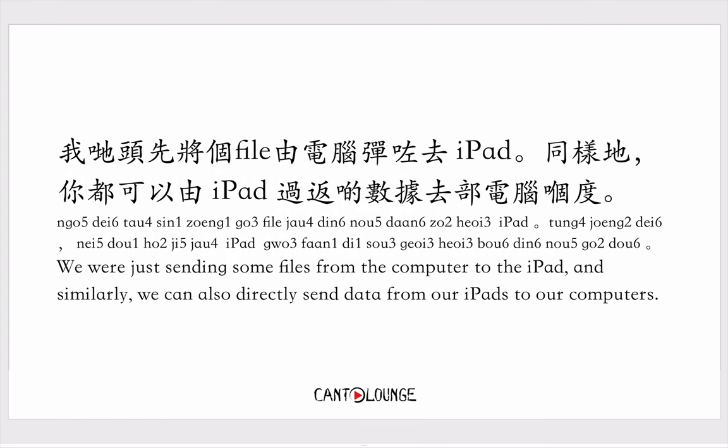That's one big exception that breaks the SVO order, and it turns it into SOV. So 將, we subject, 將個 file, the object, the thing that you're working on, 由電腦彈咗去, the action, which means to send to the iPad.